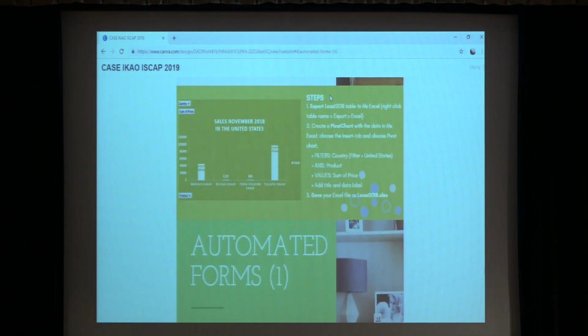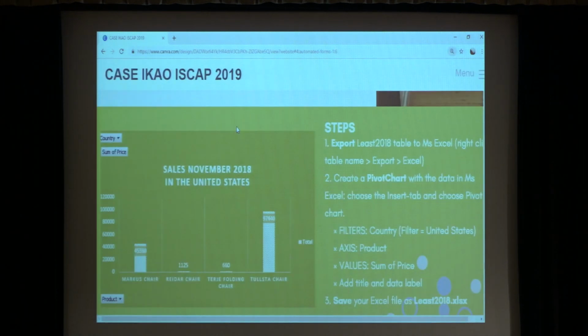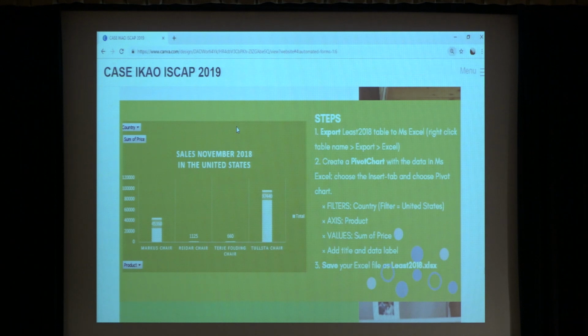They are explained here in this part of the case. So try to give a solution to this question. So here you can see. This is what I want you to do. Okay?